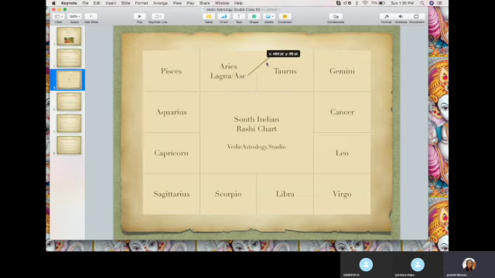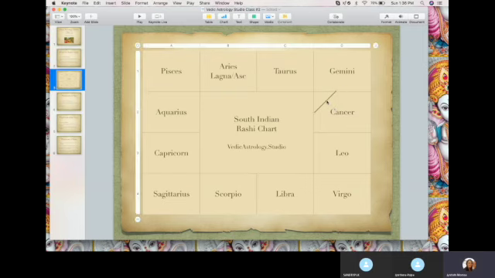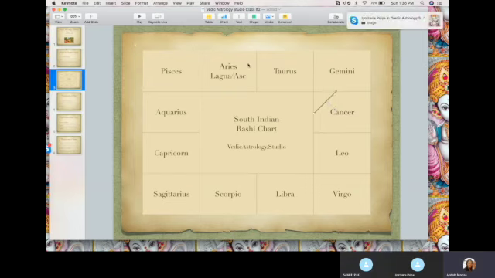Wherever it is placed, that is the first house of the chart. Now, in some charts, it might look longer like this. It might take up the whole space, and for convenience, I'll do it the small way. So this will indicate the first house.